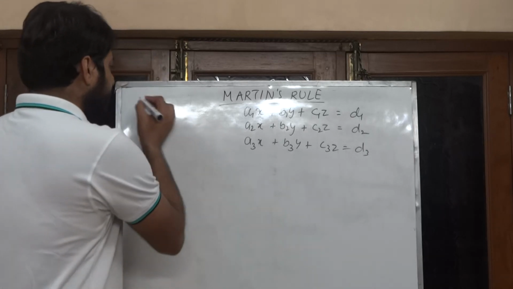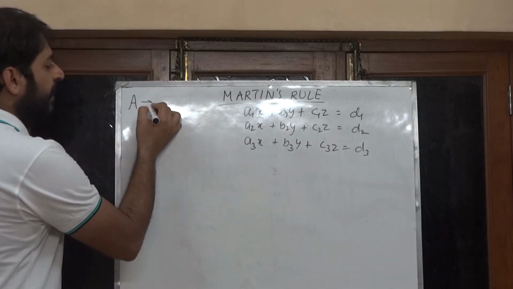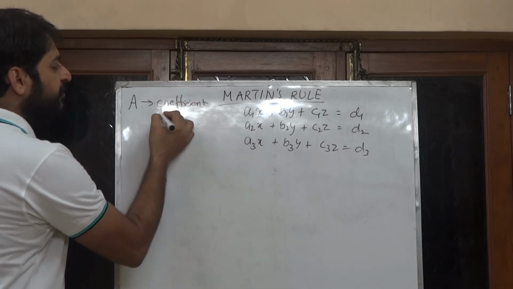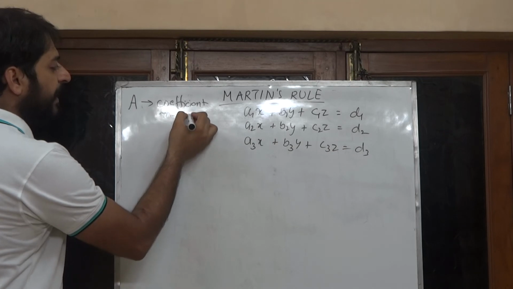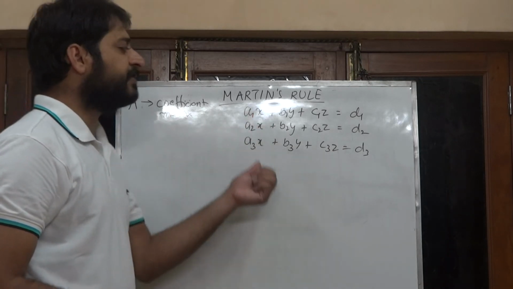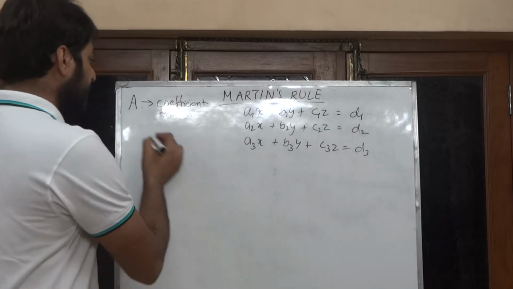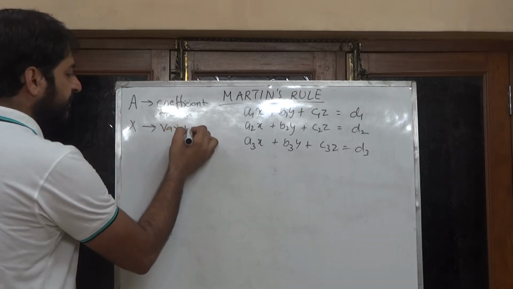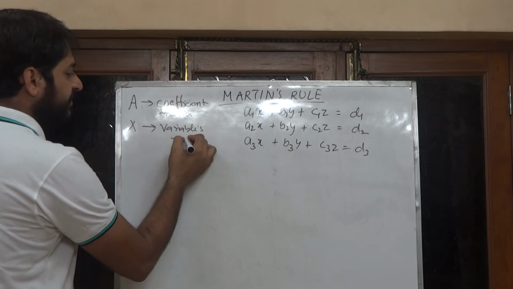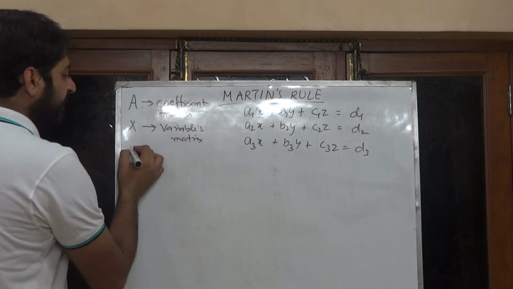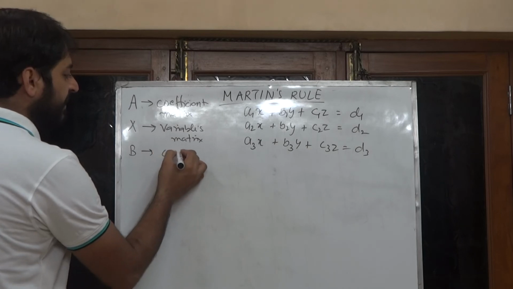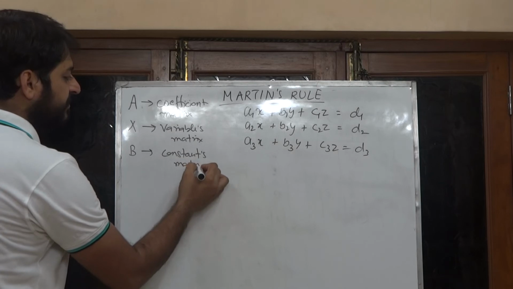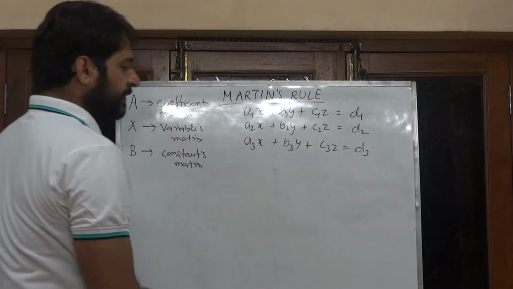The matrix A is what we know as the coefficient matrix, which is the matrix obtained by taking the coefficients of x, y, and z respectively. Then there will be an X matrix, that is the variables matrix, x, y, and z. There is a matrix B, which is the constants matrix, that is d1, d2, d3.